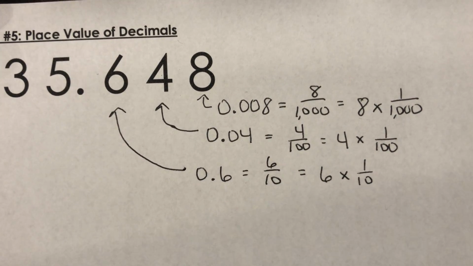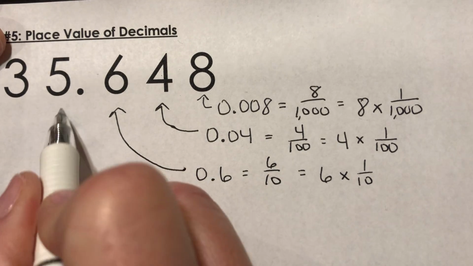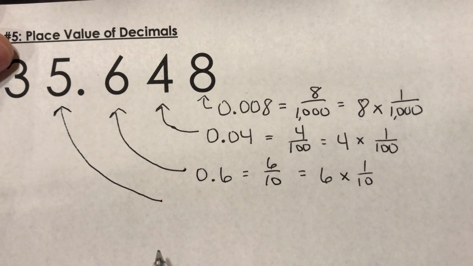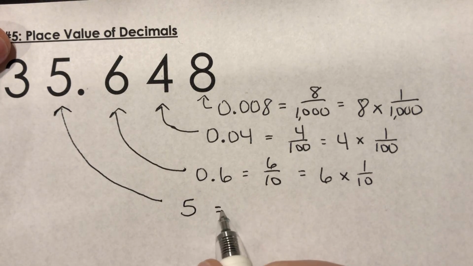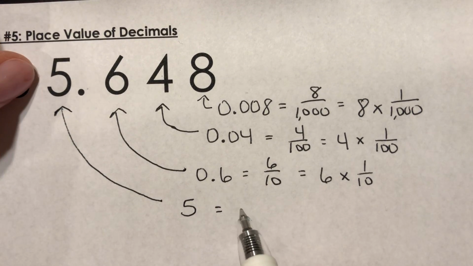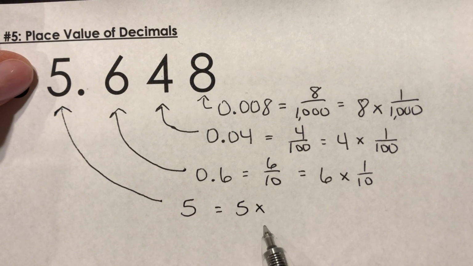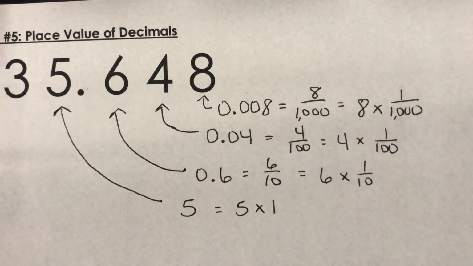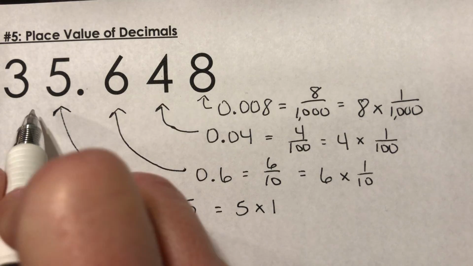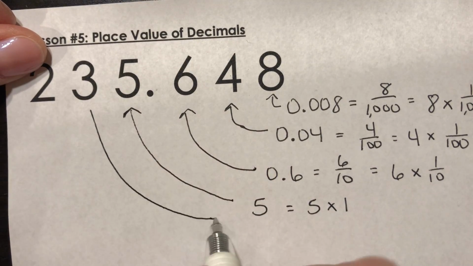The rest of this, it's going to be just like we did before. So this 5 is in the ones place. It's worth 5, right? And if I wanted to write that in expanded notation, I would take that digit 5 and multiply it by the value of the place that it's in. It's in the ones place, so 5 times 1. This 3 right here, it's not worth 3.